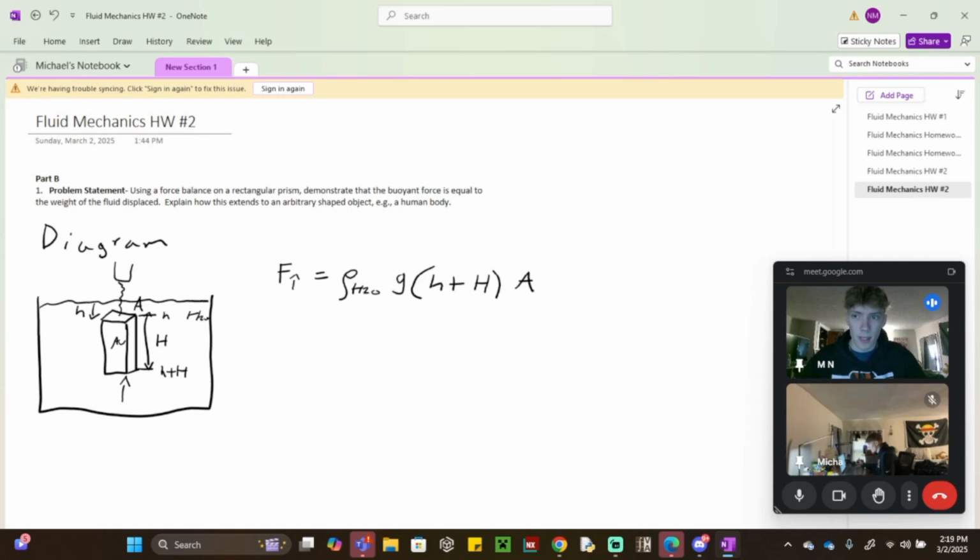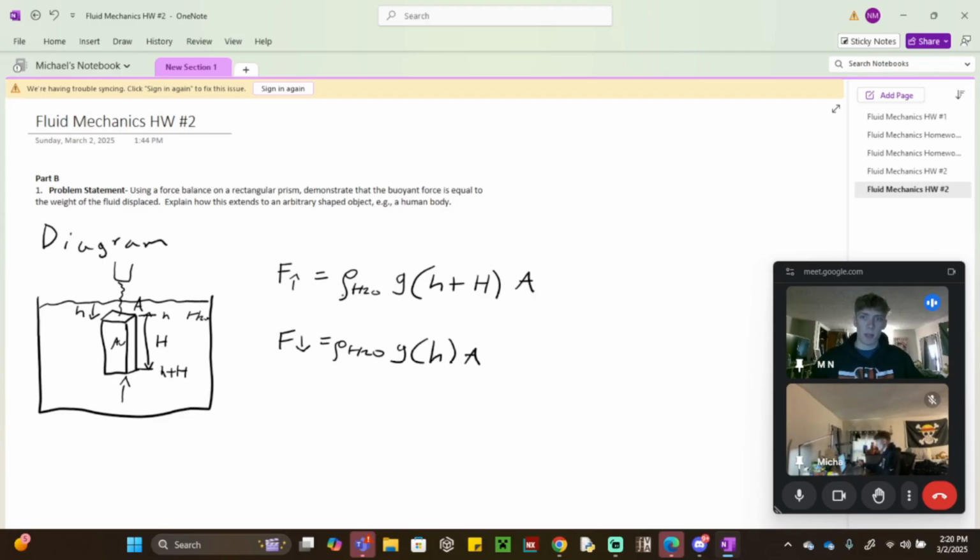Now we need to find the force acting on the top. So the force acting downward would be equal to, once again, the density of our fluid, H2O, times the gravitational constant. However, this time it's only a depth of small h, multiplied by area.